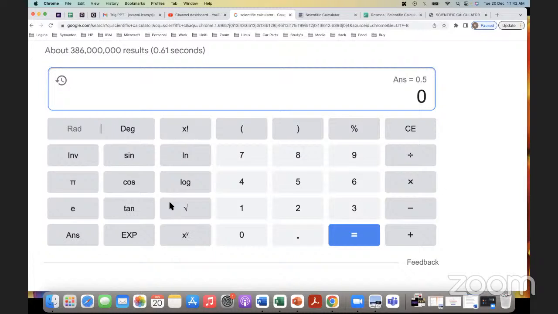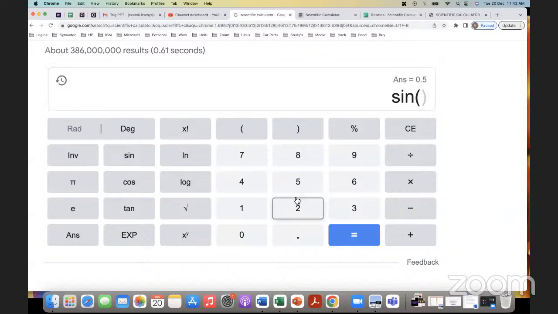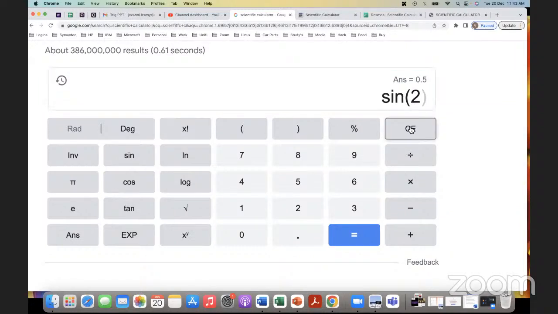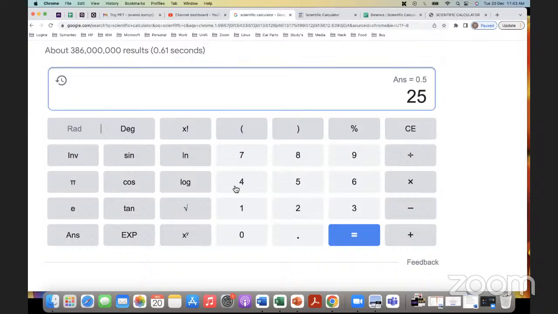So we want to find the value for sine of an angle. Let's use 25. I would want to put in 25 first, then sine, equals.